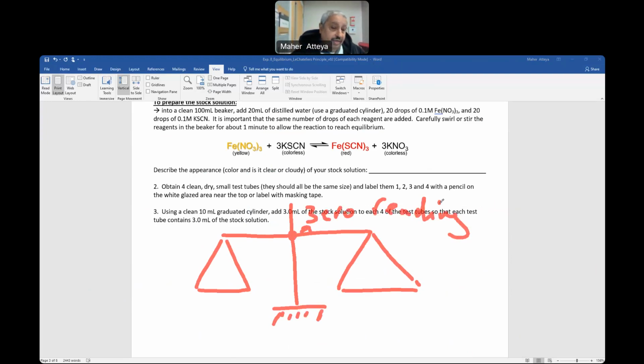So now, remember, I put the whole thing here, I'll switch to a pen that's a different color. So guys, I will visualize the whole thing here. This is the yellow.